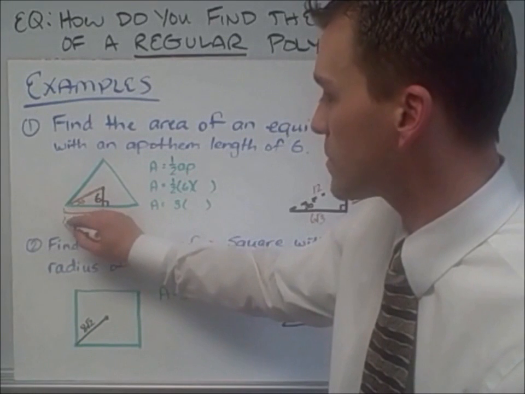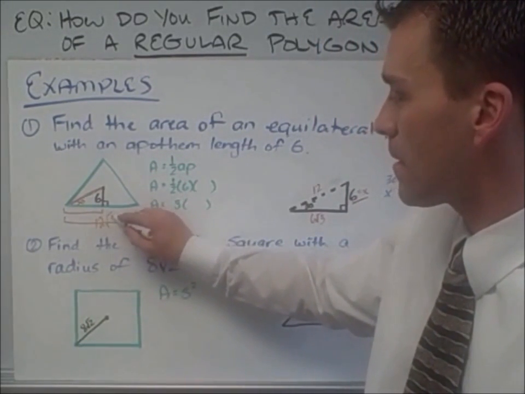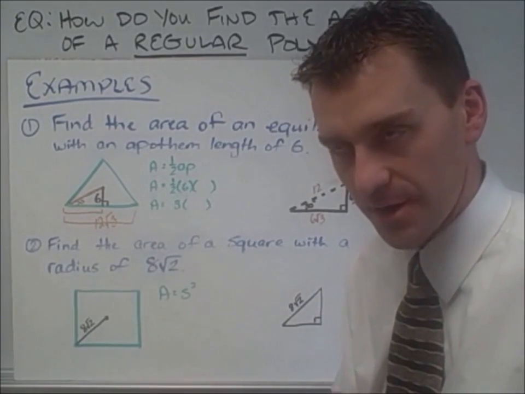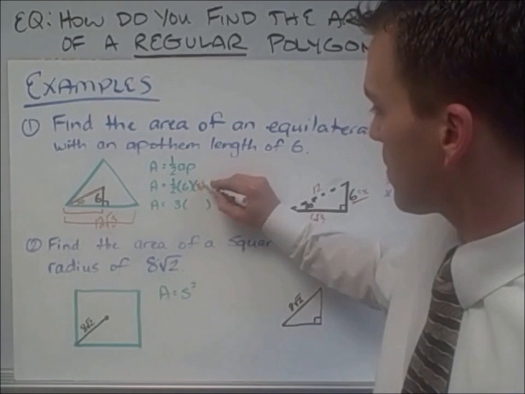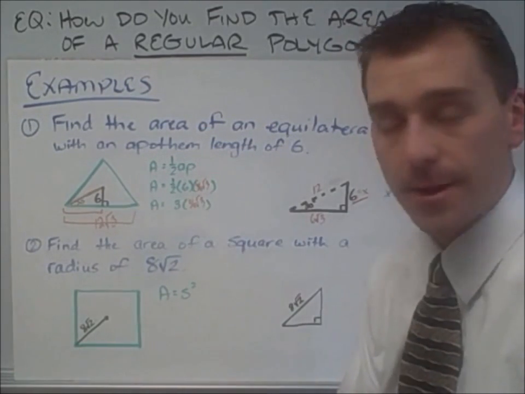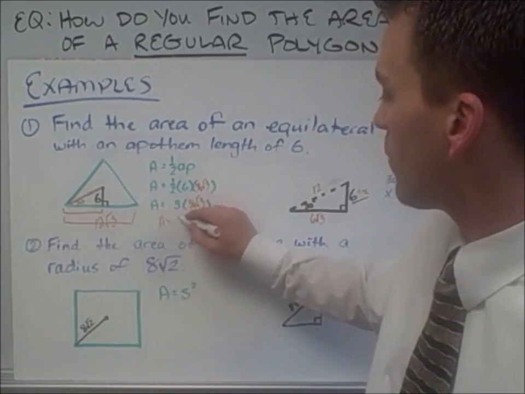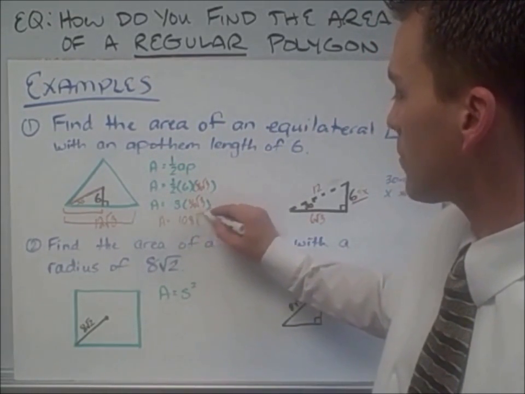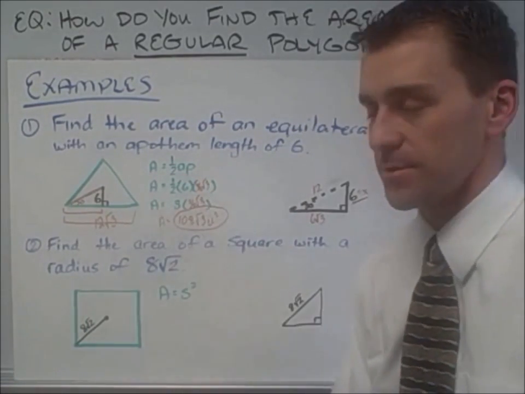So that means the whole side length is actually 12 root 3, which means the perimeter is 3 times 12 root 3, which is 36 root 3. So 36 root 3. Phenomenal. So when you multiply that out, that would give you an area of 108 root 3 units squared. So there is your answer to that one.